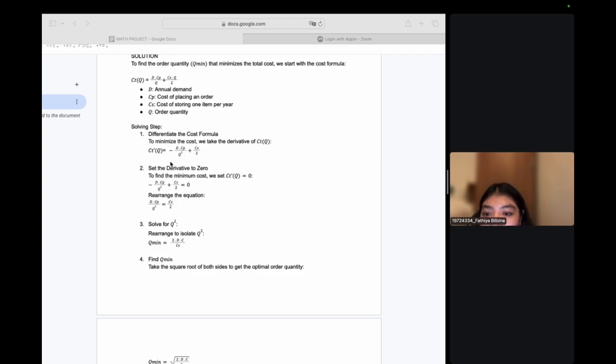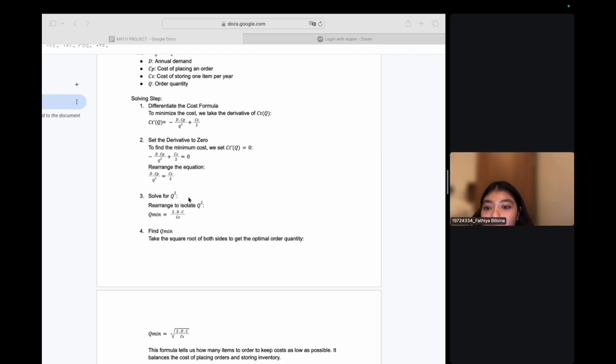The second step is to set the derivative to 0. We set the derivative to 0 because this gives us the point where the cost is at its minimum. And then it leads to the equation here.